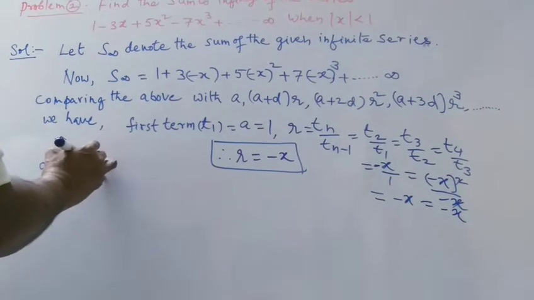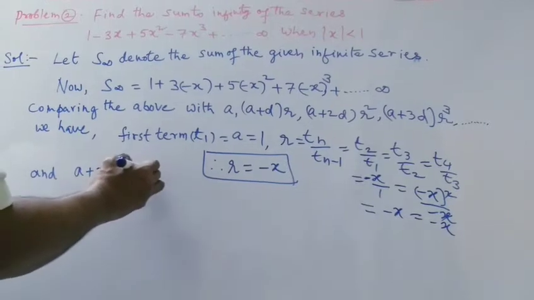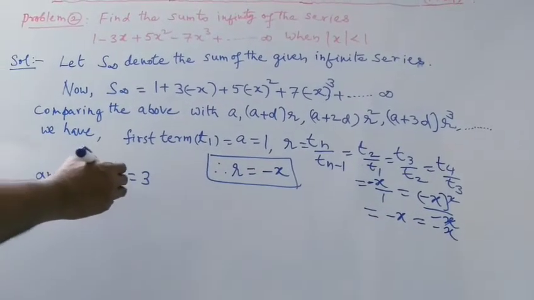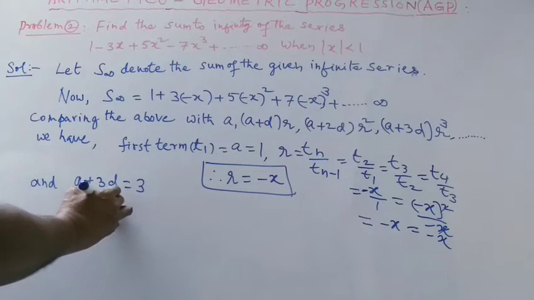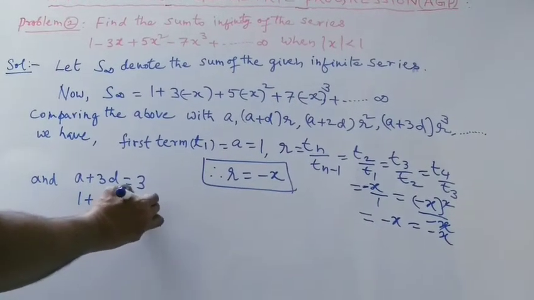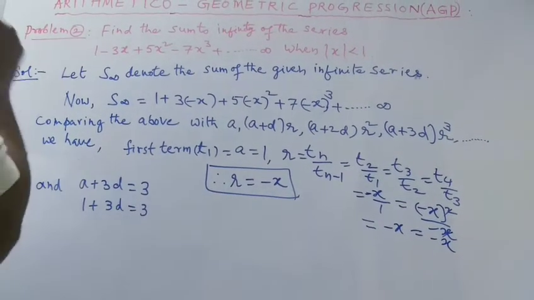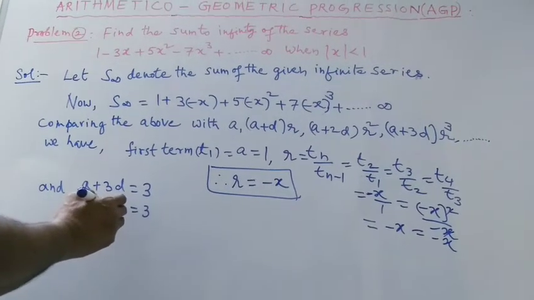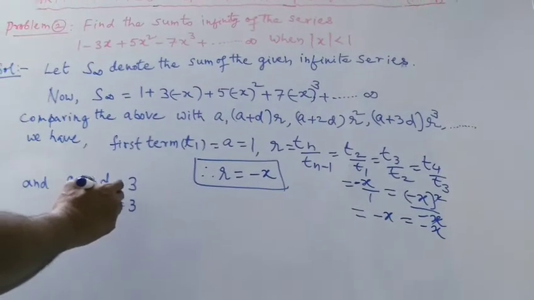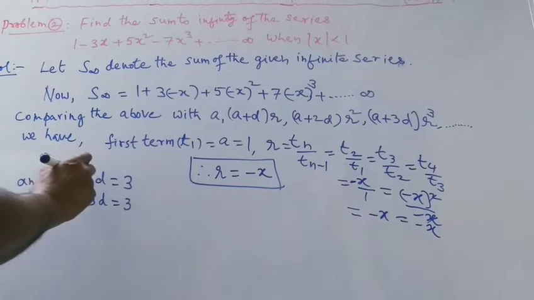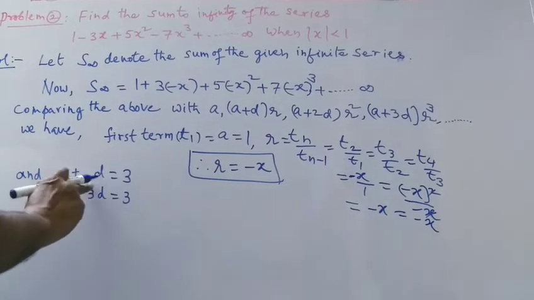The first term a is equal to 1. So we have to find the value of d. a plus d is equal to 3.